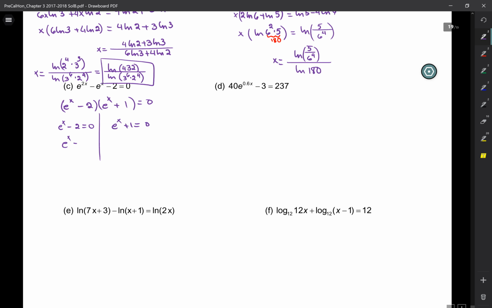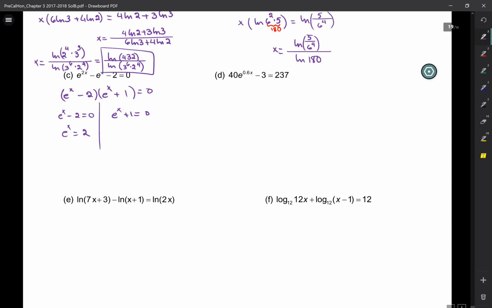And I get that e to the x equals 2. What's x then? I take ln, x equals ln of 2, and that's a totally fine number on its own. We leave it as ln of 2. It's fine.